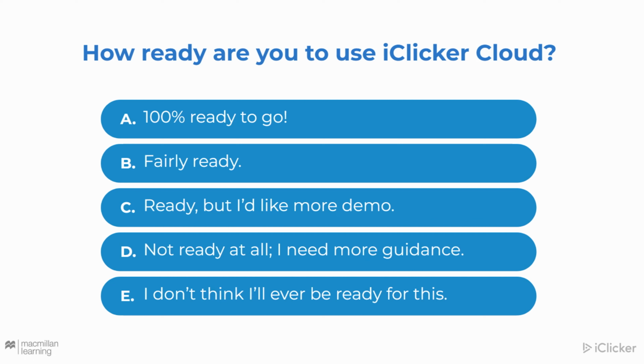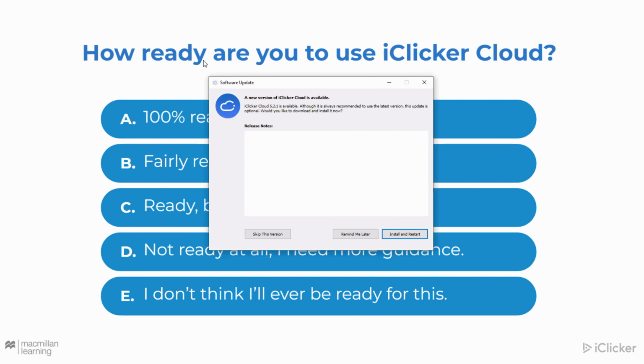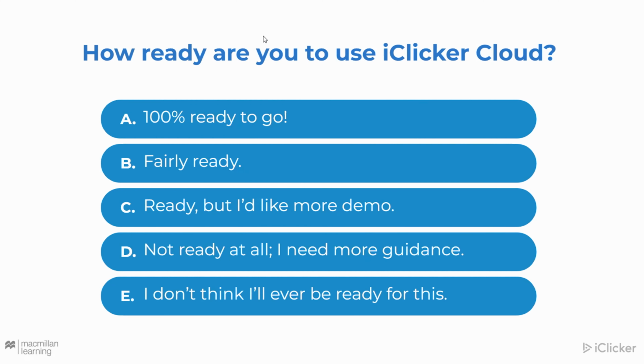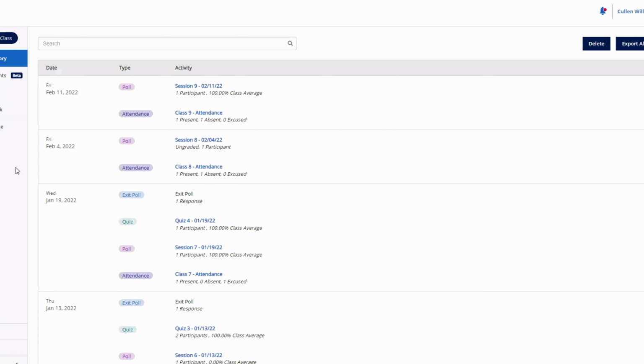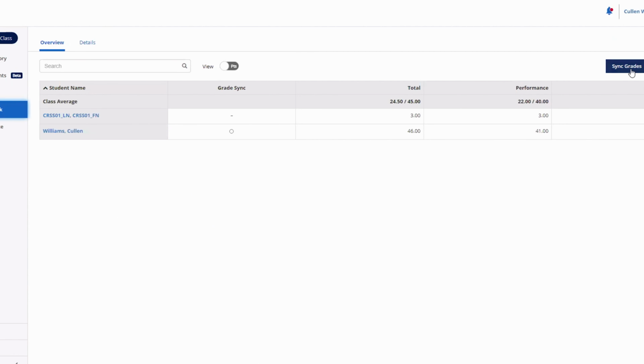I had a question on how often grades get passed to Canvas. Yeah, so it's really up to you. As far as the system goes, the way that you'll sync grades, and I'll look at this after the session just to show what that looks like, but I will show right here. If you look under gradebook, this is where you'll sync grades from.